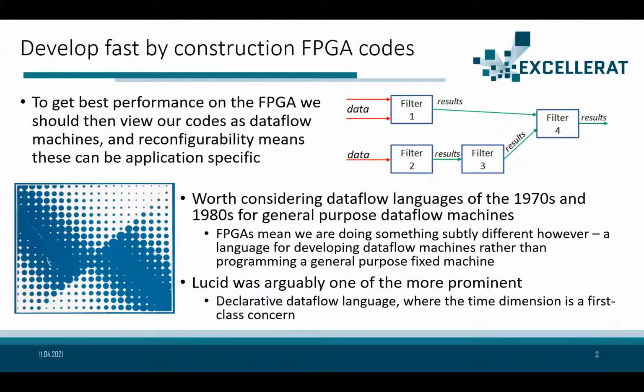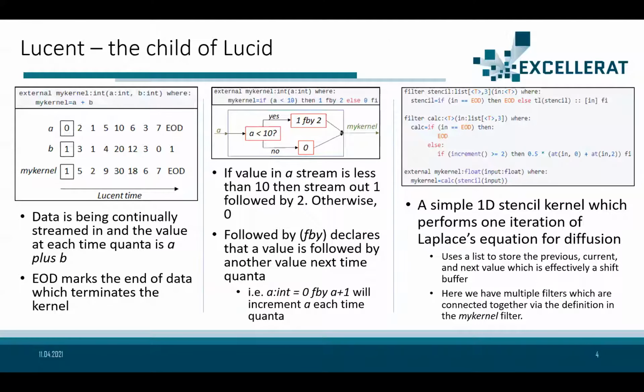So what we've looked at doing is developing a follow-on from Lucent, but targeted towards FPGAs. And we call this Lucent. Now, crucially, we are looking at doing something subtly different to Lucent, because you can imagine Lucent was providing the programmer with abstractions for programming these fixed general purpose data flow machines.